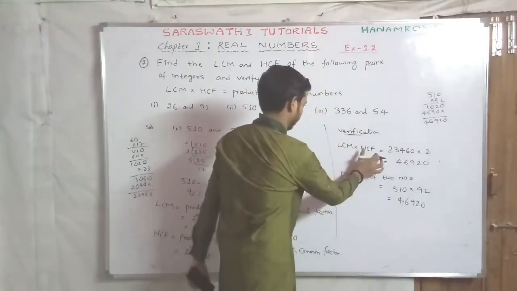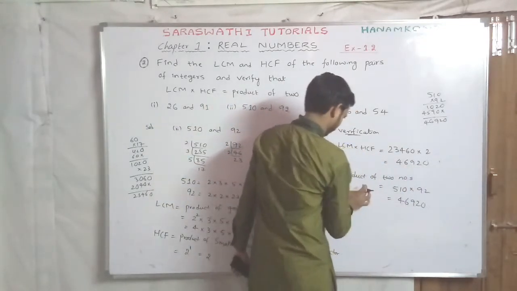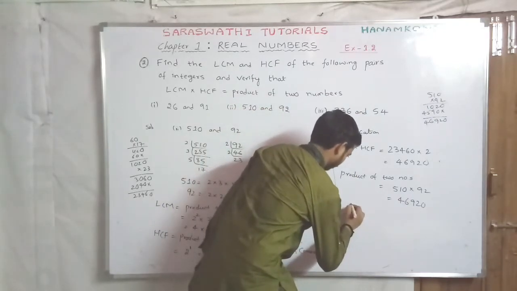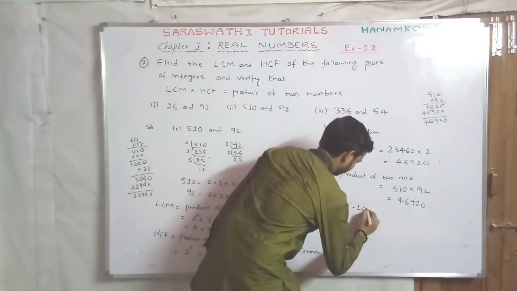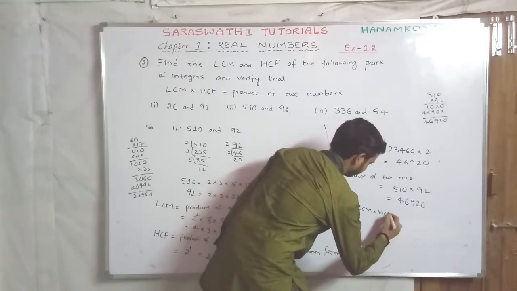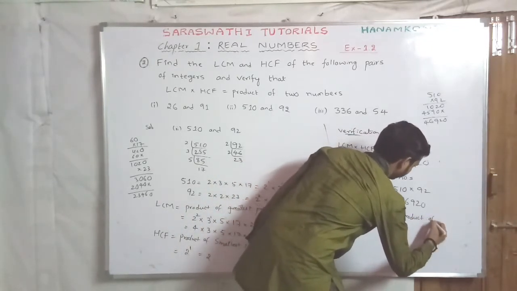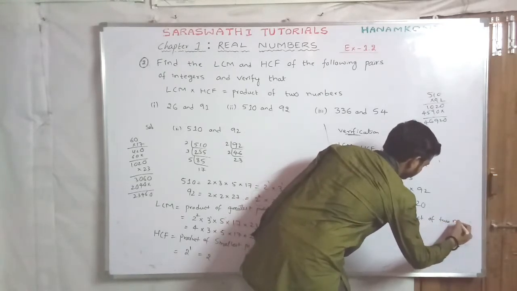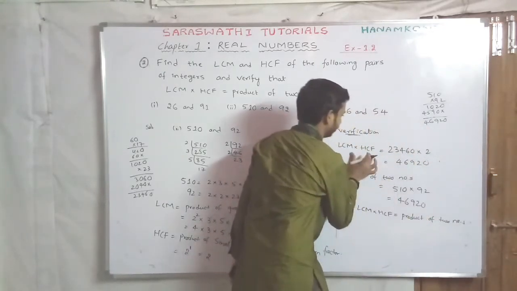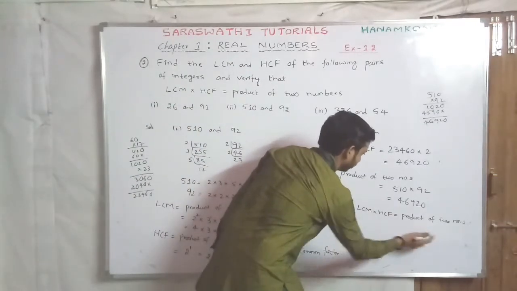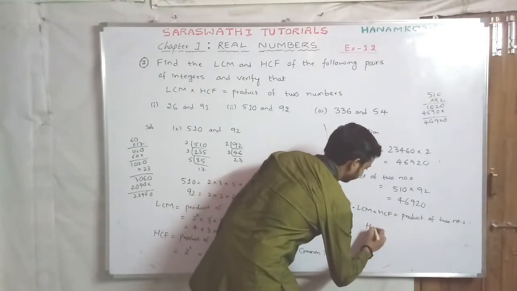So the LCM into HCF value we have obtained is 46,920 and the product of the two numbers is also 46,920. Since these two values are equal, LCM into HCF equal to the product of the two numbers, hence verified.